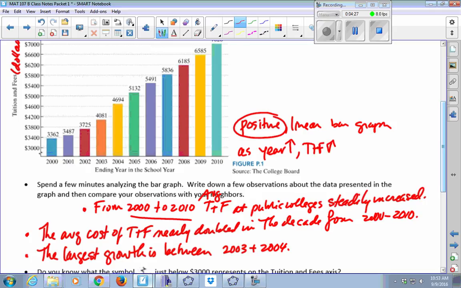Yeah. We call that a positive correlation. Someone in my first class used the word correlation. We'll be talking about that a little bit later on when we look at linear regression. That's a statistic that helps us to measure how strong that linear regression is. It's called a correlation coefficient. But we don't need to know that right now.